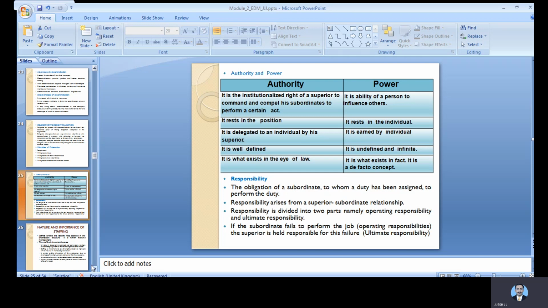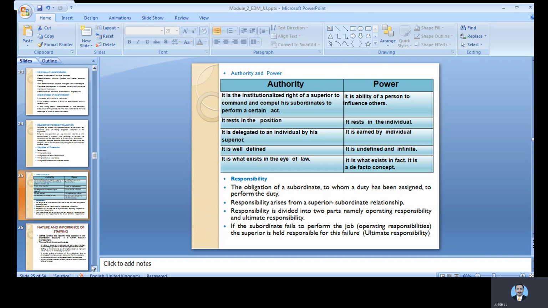If the subordinates fail to perform the job, the superior is held responsible for the failure. Sometimes, when the subordinates are not able to perform, even the superior has to get involved in that process and make sure that the entire team works fine and that you accomplish the task in a systematic and successful way. So that is what is required.